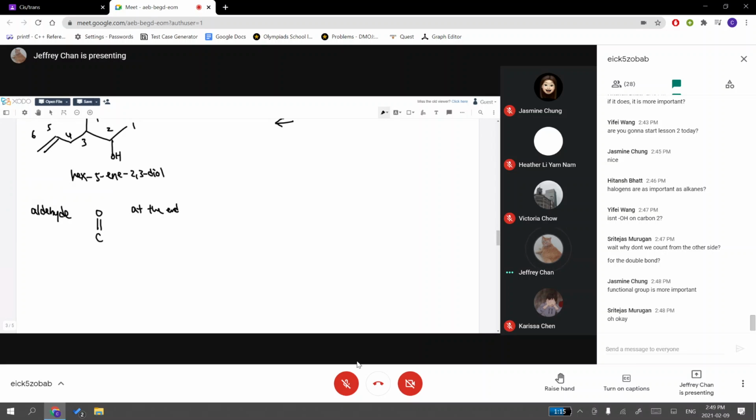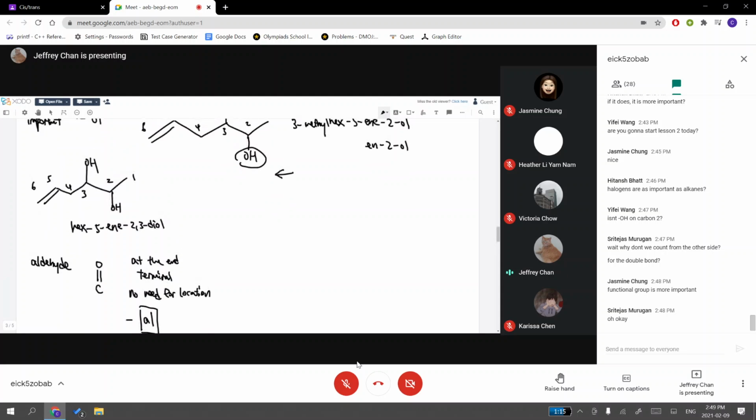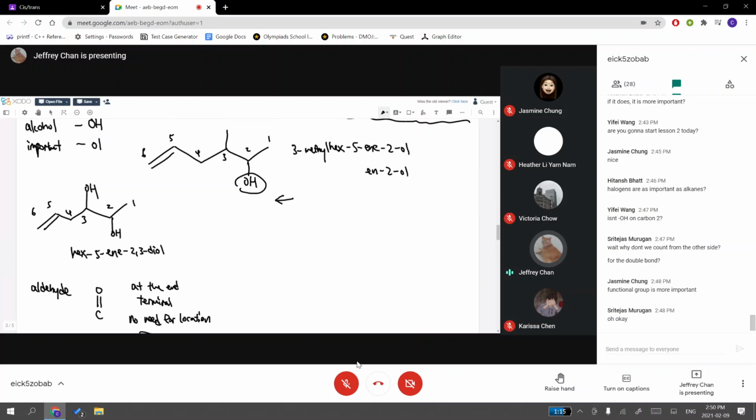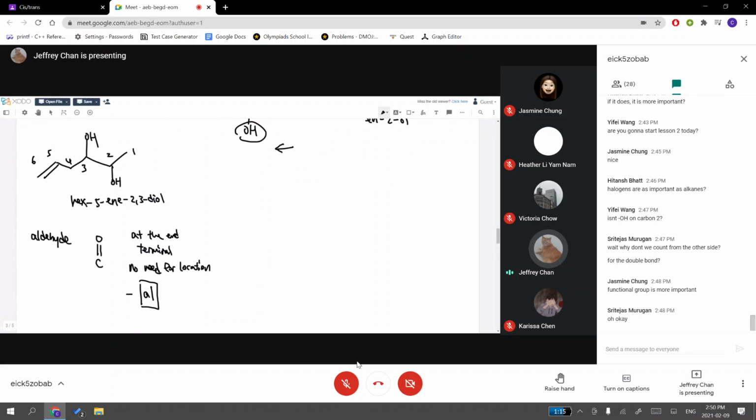The end, terminal. What I mean by at the end, it is terminal. Okay. No need to say where it is. No need for location. All right, and we use the suffix -al. Okay, so make sure you write properly so I can tell if it's an OL or an AL ending.